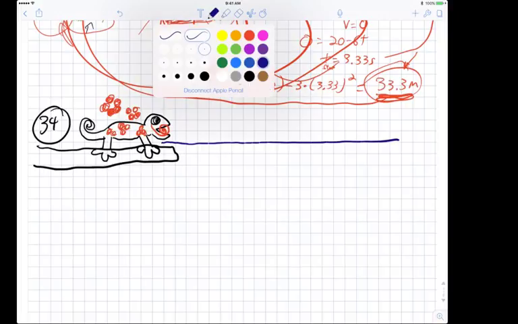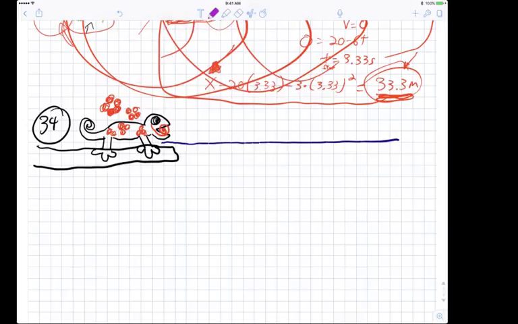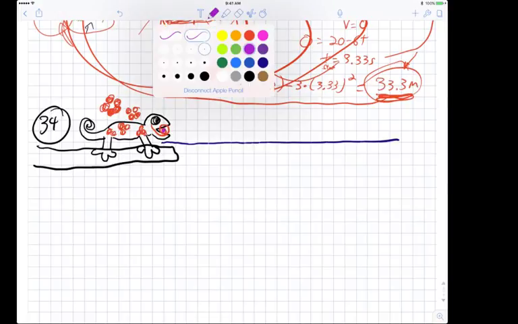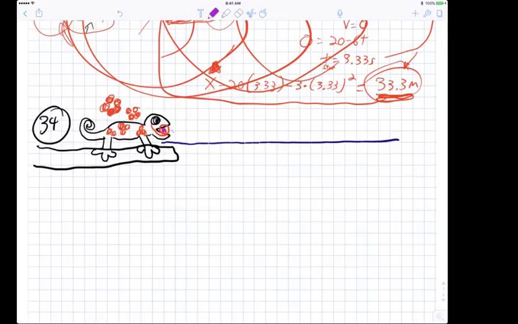So I'm going to draw a motion diagram for the tip of the tongue. Right there. It's going to accelerate and move. At the start, it's going to move very slowly. And then it's going to pick up speed and travel faster and faster and faster.